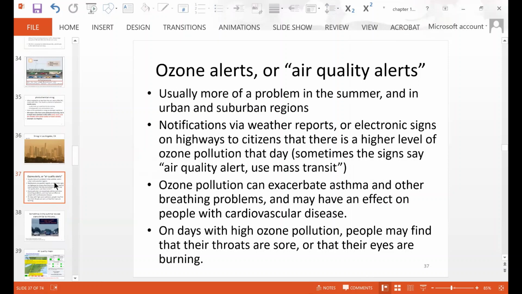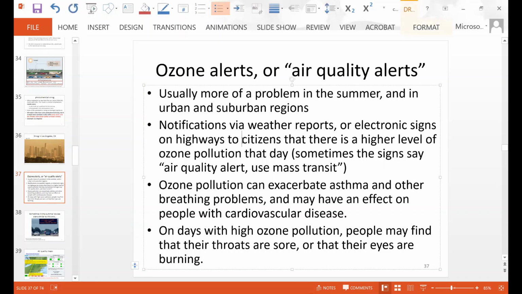And again, I mentioned ozone alerts earlier, and sometimes they're called air quality alerts, but usually these are more of a problem in the summer and in urban and suburban regions. And you get notifications through weather reports, or you see electronic signs on highways. And they show citizens that there is a higher level of ozone pollution that day.